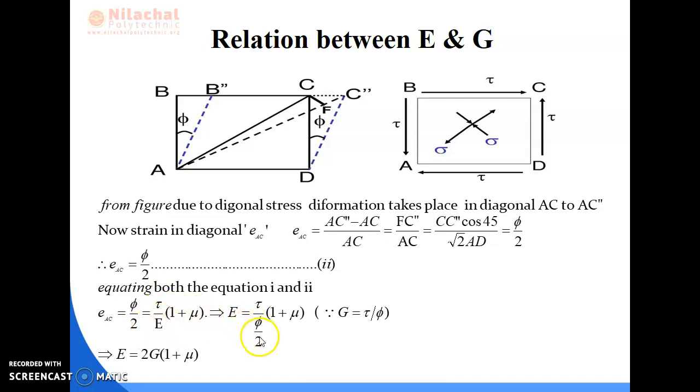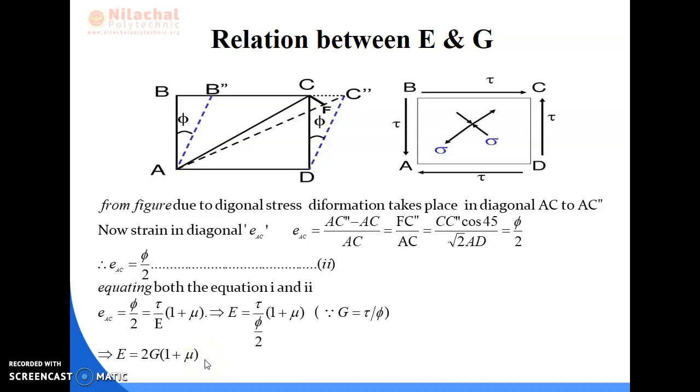Now taking E to the left side, we get tau by 5 by 2 whole bracket 1 plus mu. Now tau by 5 is known as the modulus of rigidity, that is shear stress by shear strain. 2 will be multiplied with the numerator. Now 2 into G into 1 plus mu.